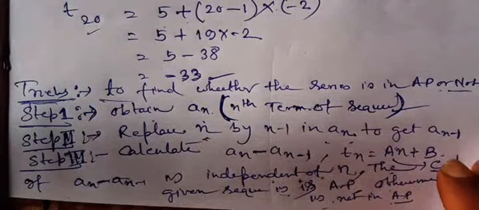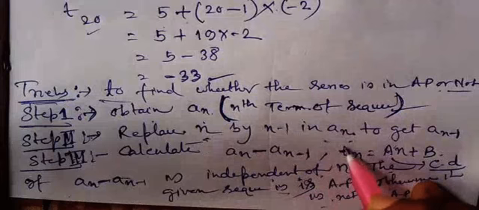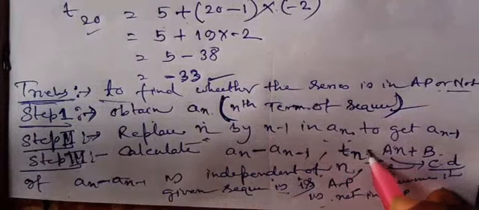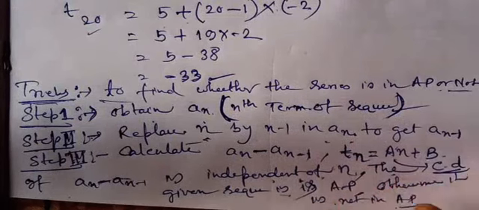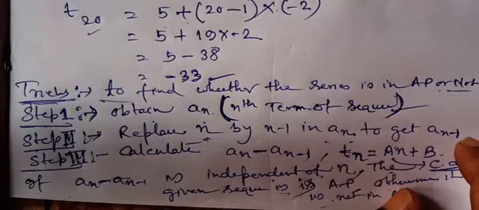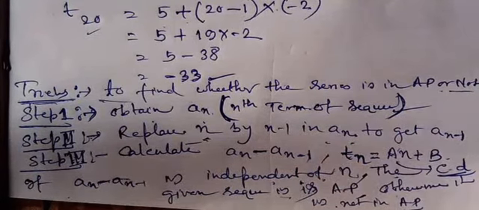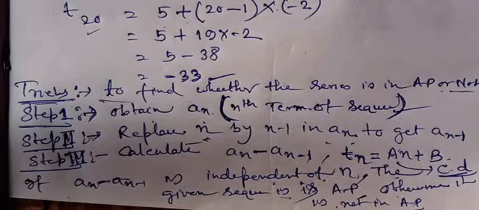Again, we can say that any term Tn can be written as An plus B, where A is the common difference. Now, there are some more important points, which I will come to shortly. Okay.